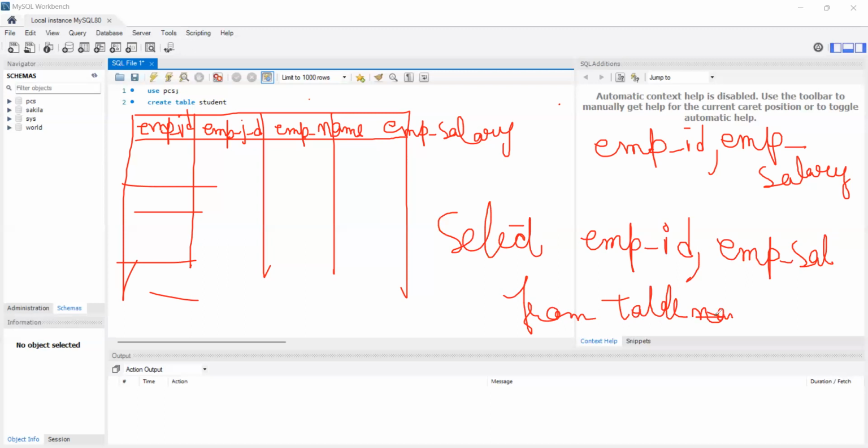You can say from table. If the table name is mentioned as employee details or something, then mention that table.